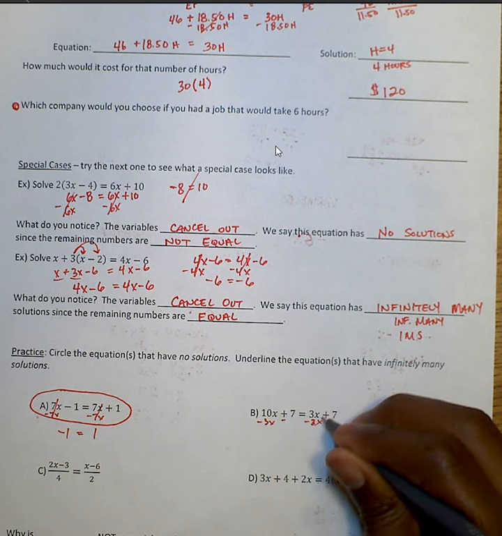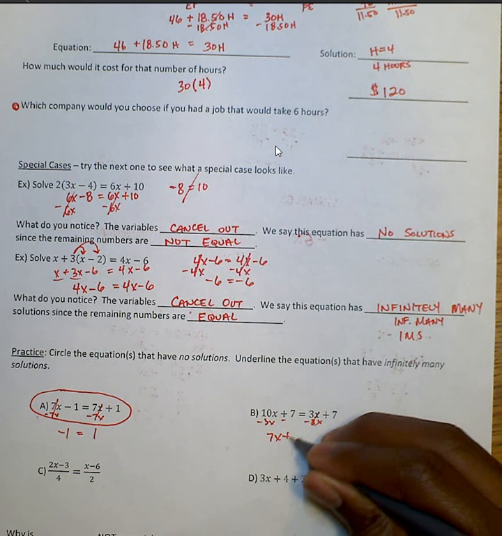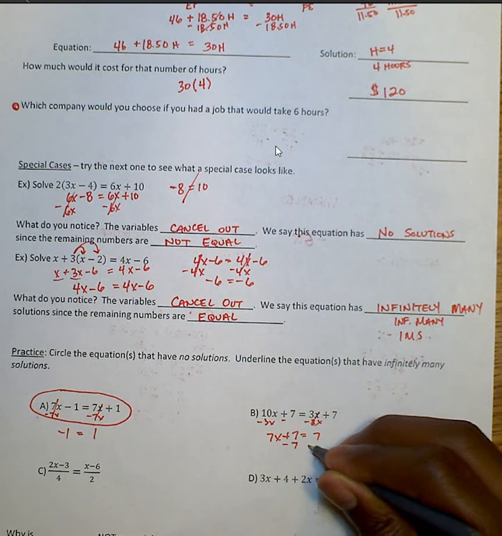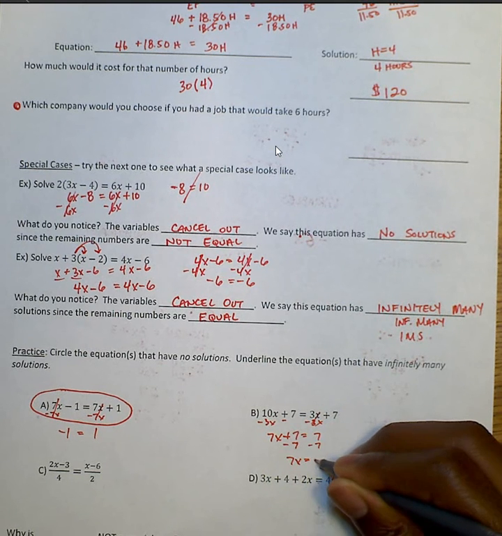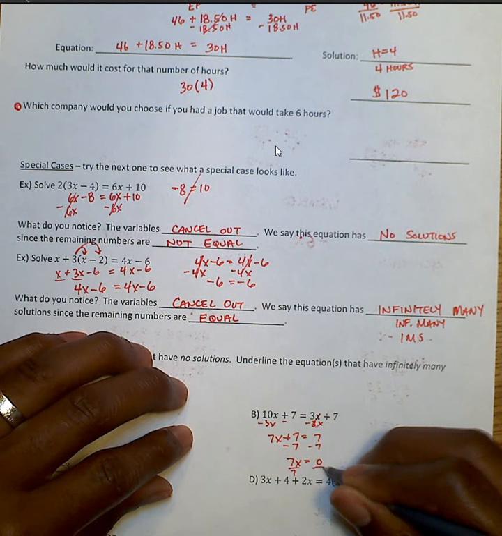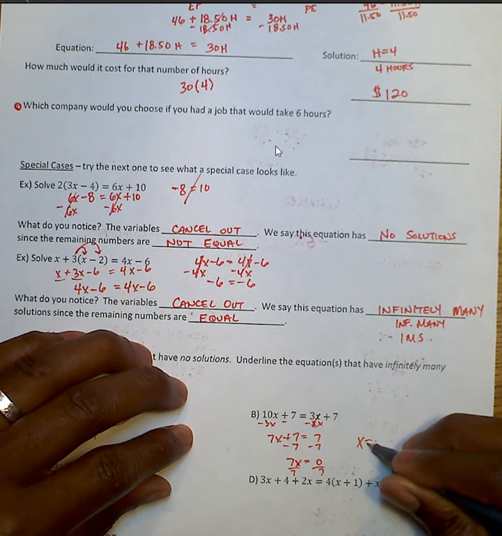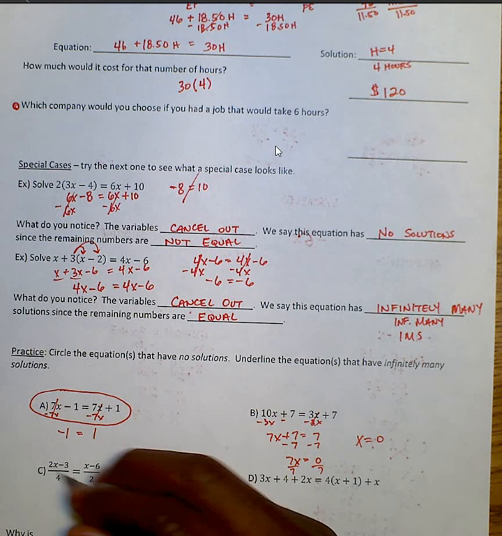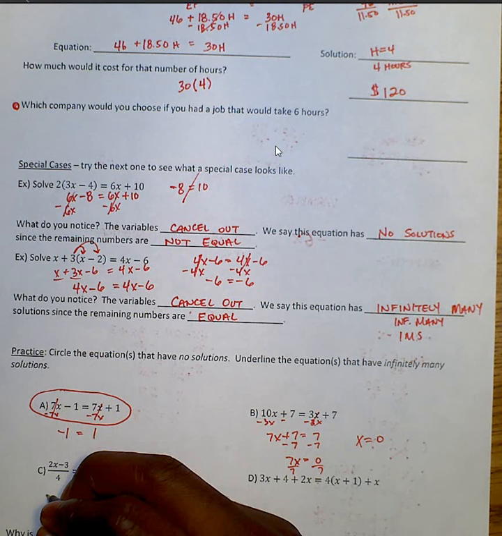When I do that, I get 7x plus 7 equals 7. Then I'll subtract 7 from both sides, and I get 7x equals 0. I'll divide by 7. I should find that x equals 0. Is that a special case? No.